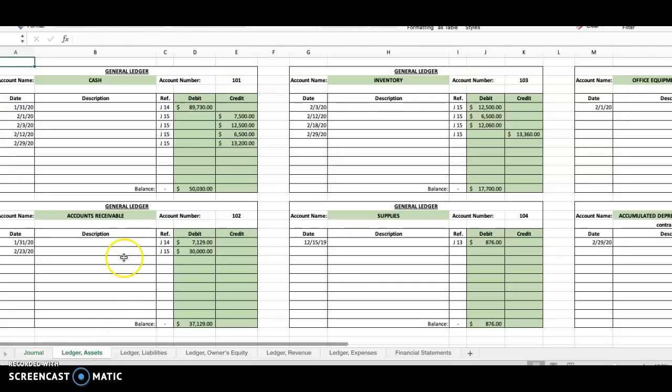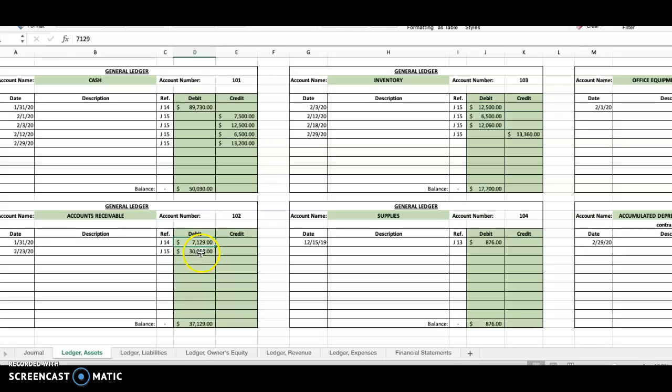If we look at our ledger, we can see that we have everything posted here for us. In cash, we have a balance at the end after doing all of these journal transactions, a debit balance of $50,030. Accounts receivable, people owed us money at the end of January.